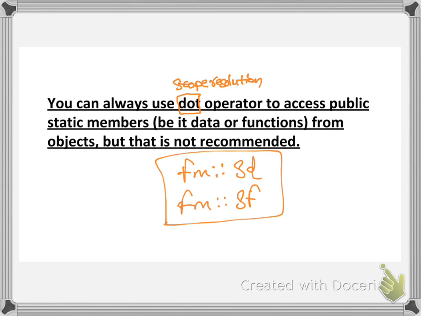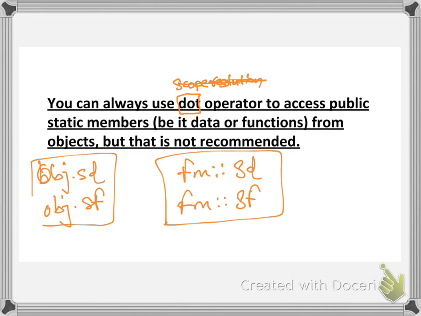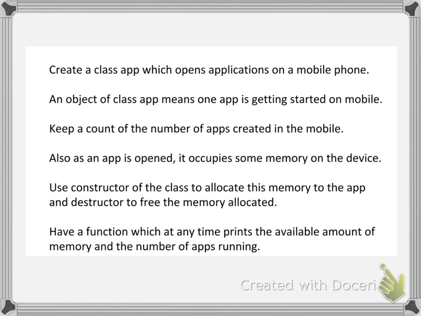Another way to call these is object dot static data. Similarly, you can do object dot static function as well. So you can call static data and static functions both from objects also, but it's not recommended because it conveys a different sense. So this is always the right way to do that.